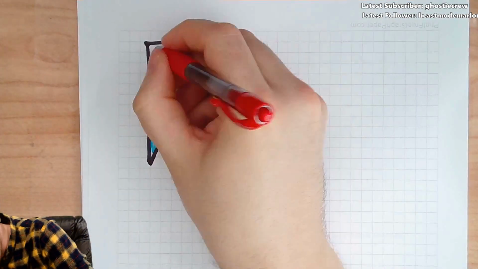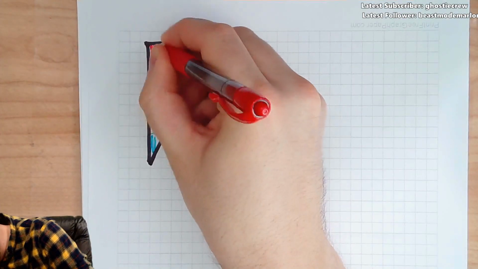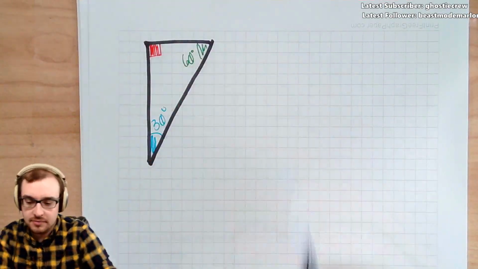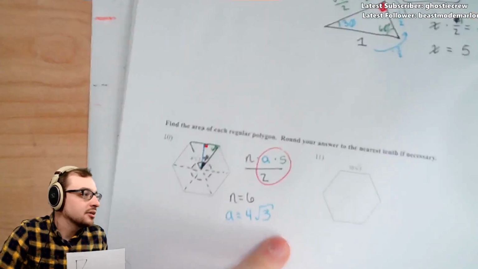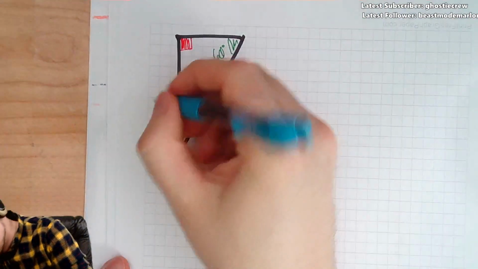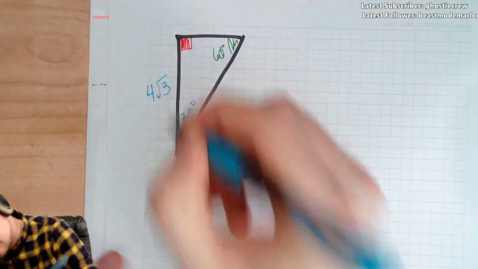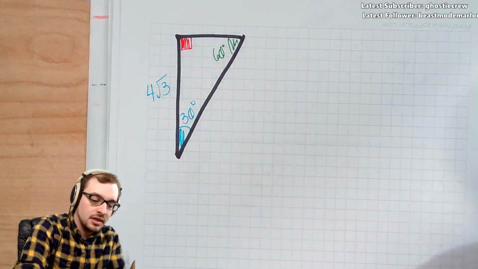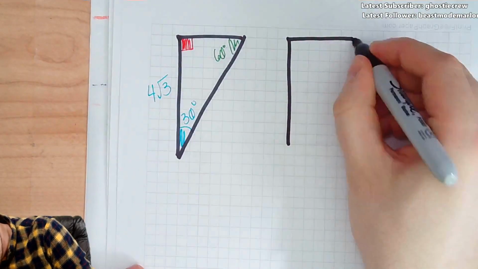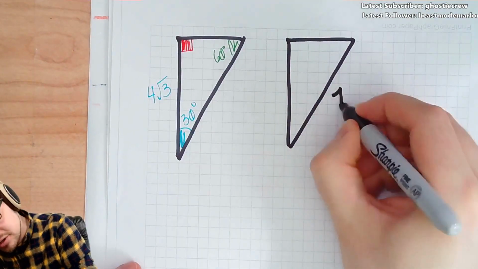And we said that this was 90. And they said the apothem, this side, right? If I go back to here, that is 4 root 3. Now, our base triangle, I'm going to draw it out next to it, is when the hypotenuse is 1.